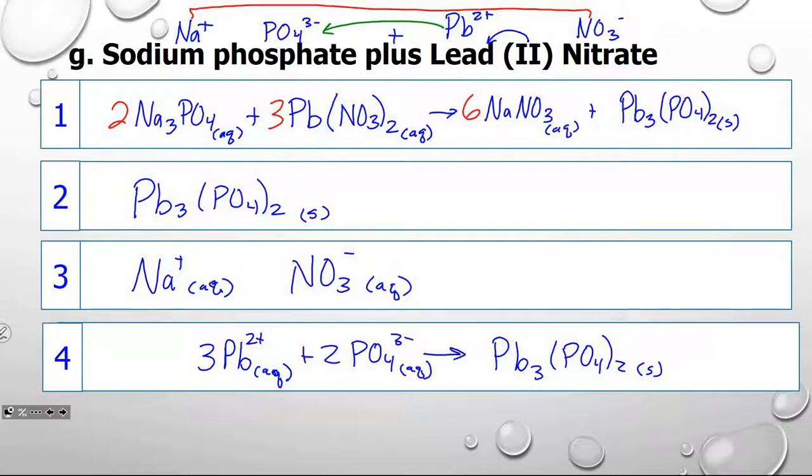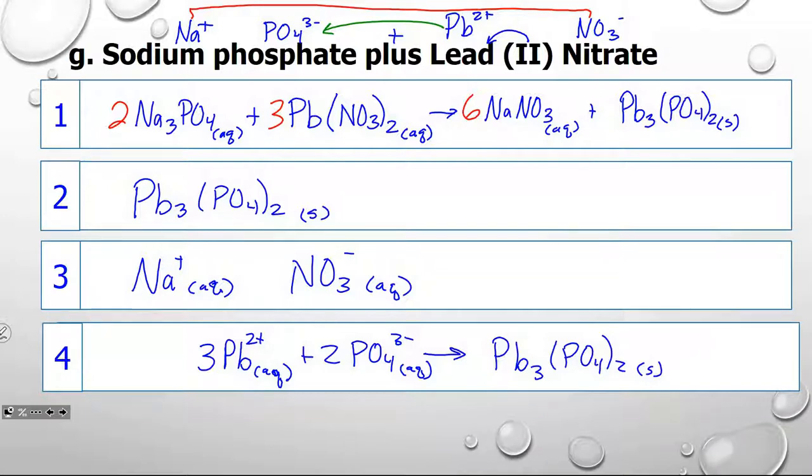Now, if you can do that, you can also put back in our spectator ions to make it a full ionic equation. We just have to put them on both sides. I would look here and say, oh, there's 6 sodium ions on both sides, and 6 nitrate ions on both sides. So that would be my full ionic equation. So you can do that too.